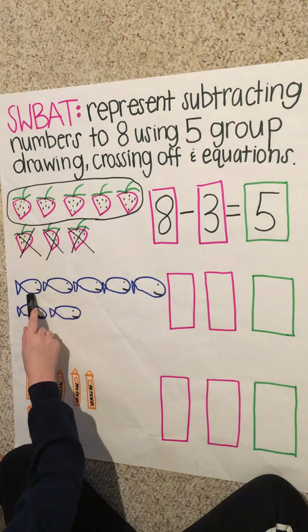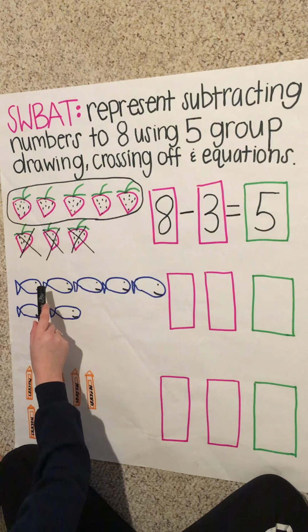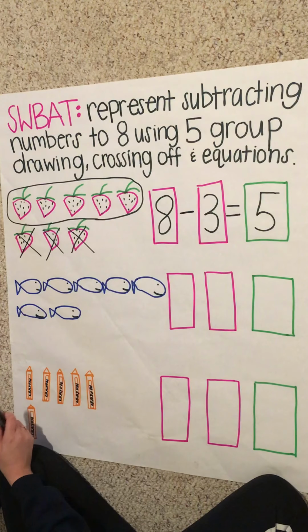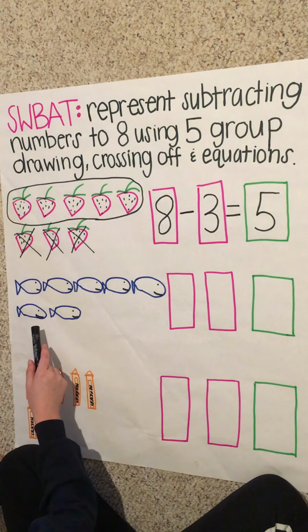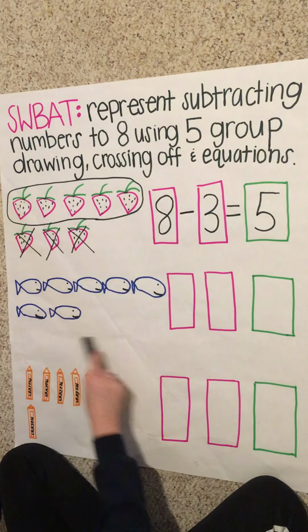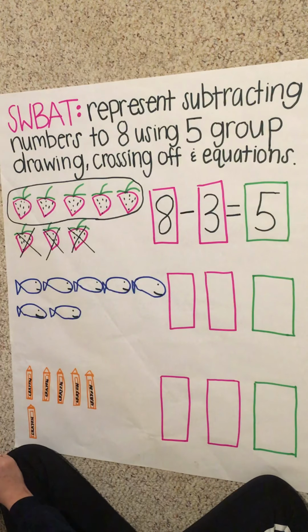How many are in my top row? 1, 2, 3, 4, 5. 5. And how many are in my second row? 1, 2. So I bought 7 fish from the pet store, and I gave away 6 fish to my mom to put in her fish tank.